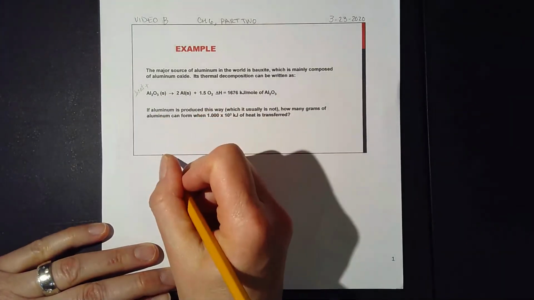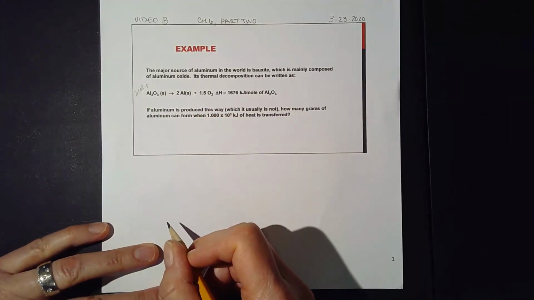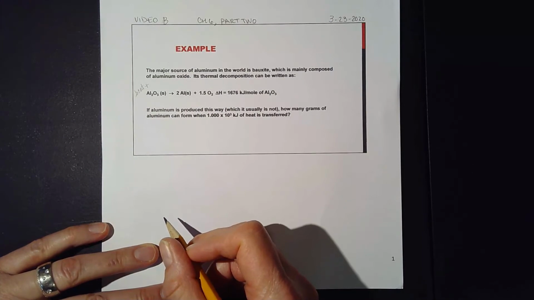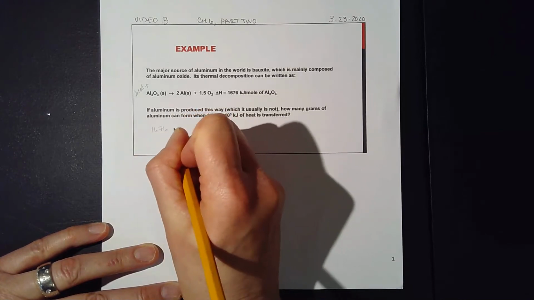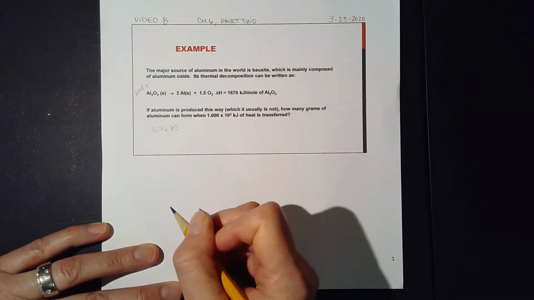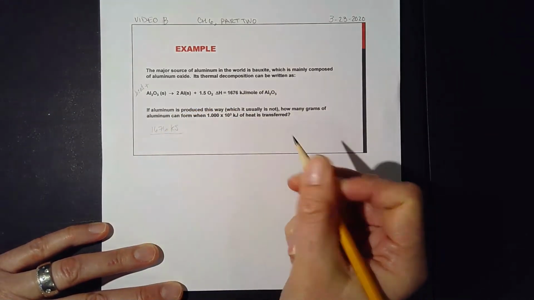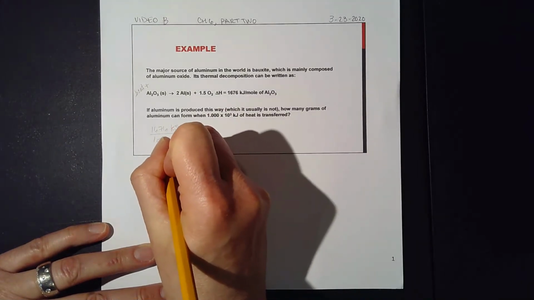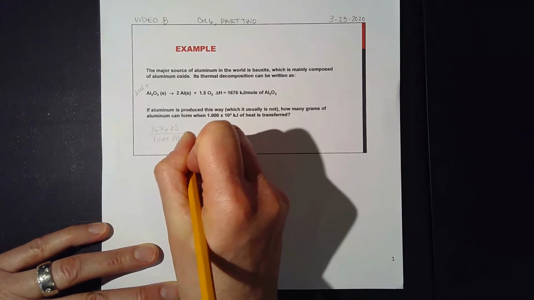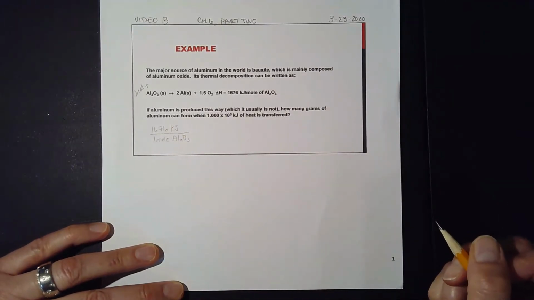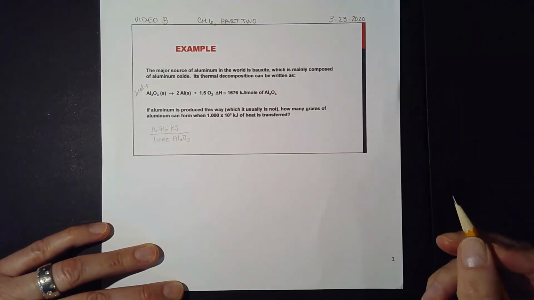Okay, so we are told that if we are using 1 mole of aluminum oxide, it requires 1676 kilojoules of energy input for every 1 mole of aluminum oxide that is used as a reactant.